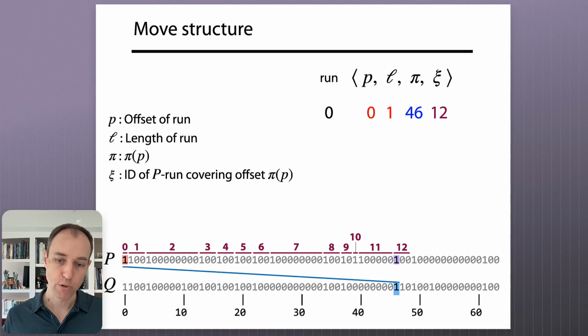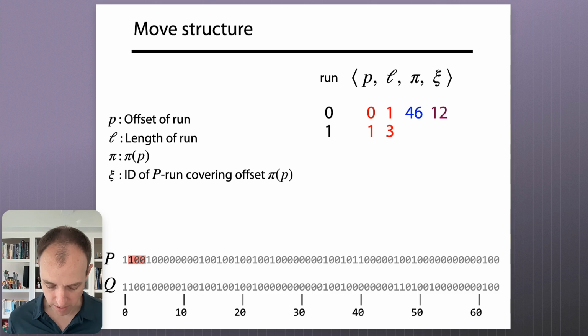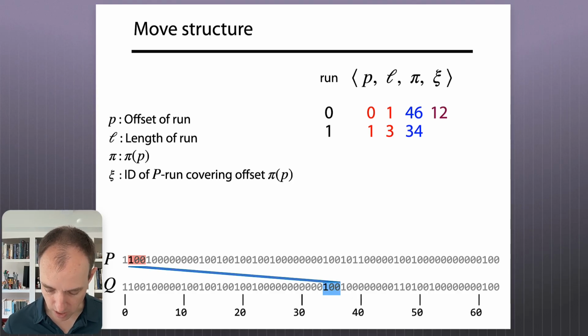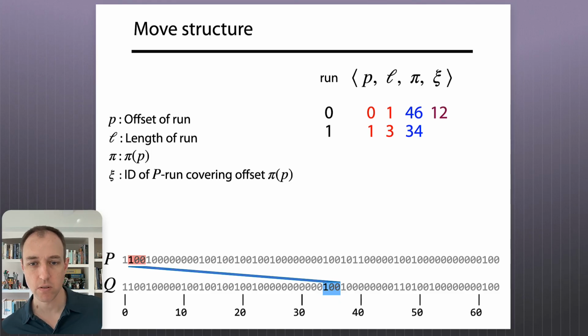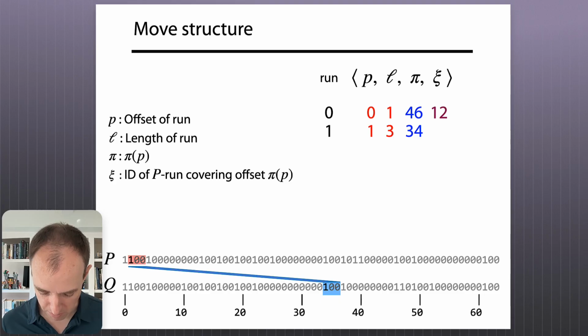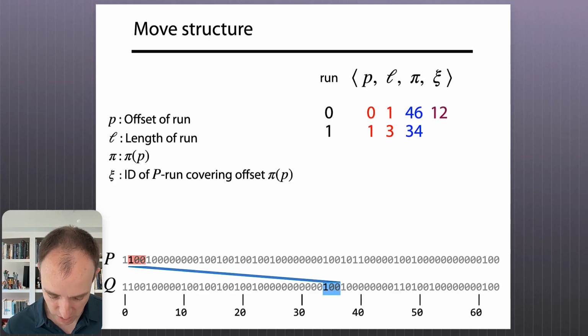Okay, that's the first row. Great. Let's do the second row. This one's slightly more interesting because it has more than one letter in it. This is run ID 1. It is at offset 1, and it has length 3. Pi takes it to offset 34. I went to the parallelograms and picked the right one and put it on my picture so that you can see the permutation takes offset 1 to offset 34.